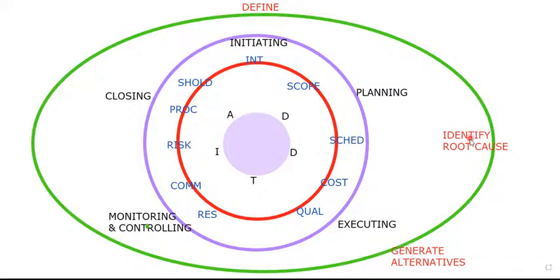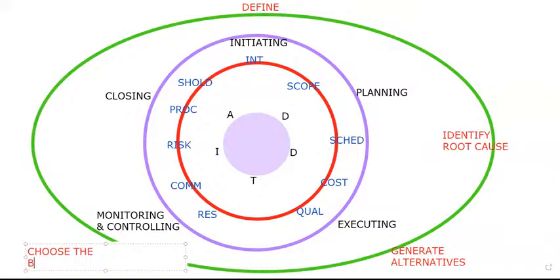You want to identify the root cause of the problem, then mentally generate alternatives, even though the question has, of course, alternatives, but it does pay off when you think about the alternative yourself, and that helps you validate, as it were, if you're on the right track when you finally see the options posed by the PMI. So you generate the alternative and then choose the best alternative.